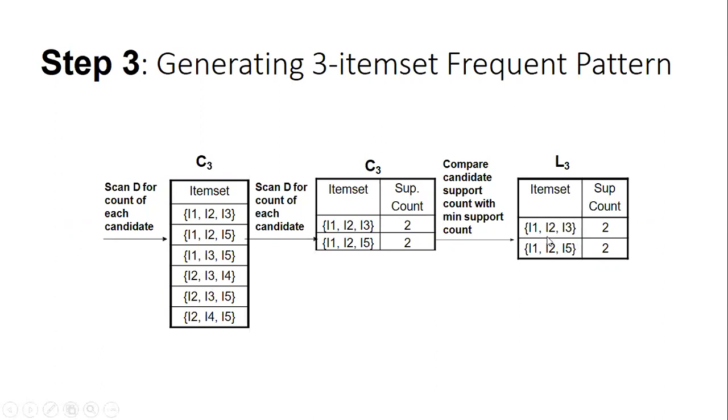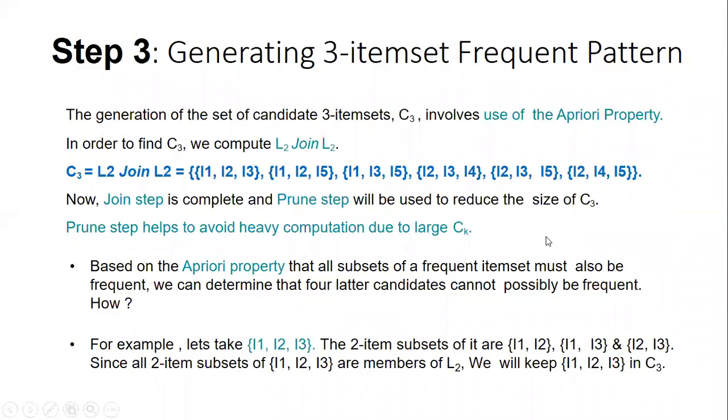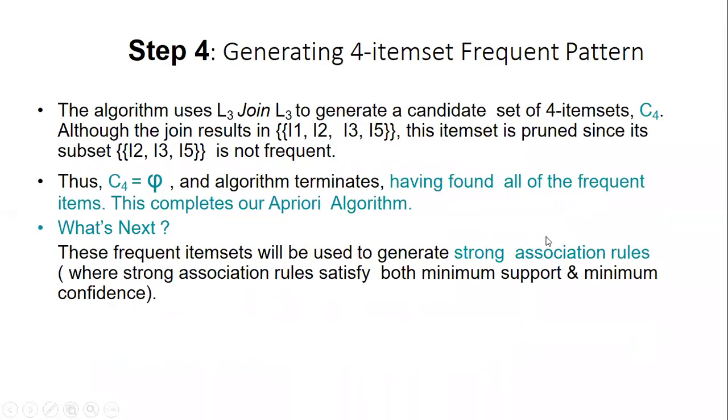Now we'll join L3 and L3. When we join L3 and L3, we'll get I1, I2, I3, I5. Yes or no? L3 has I1, I2, I3 and I1, I2, I5.